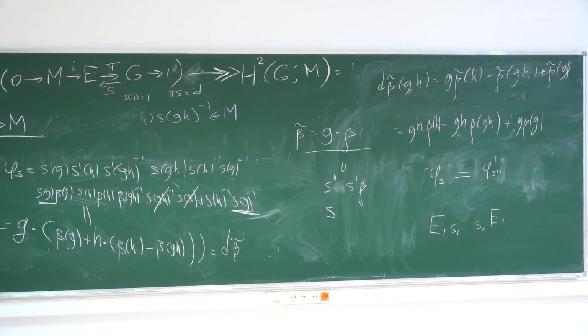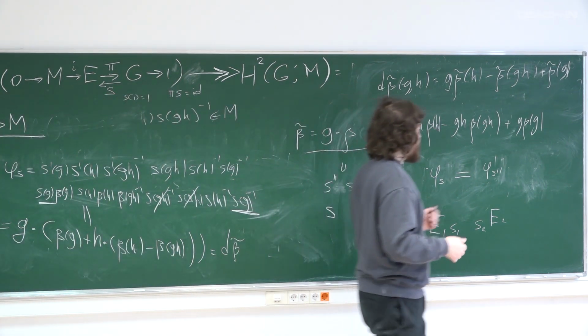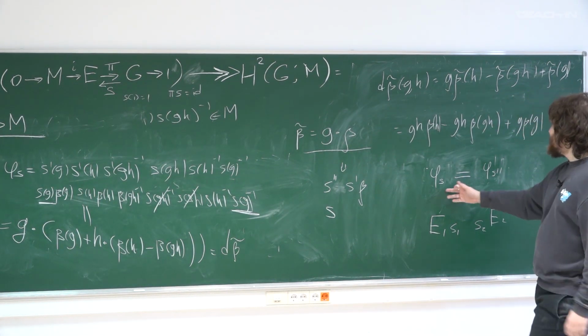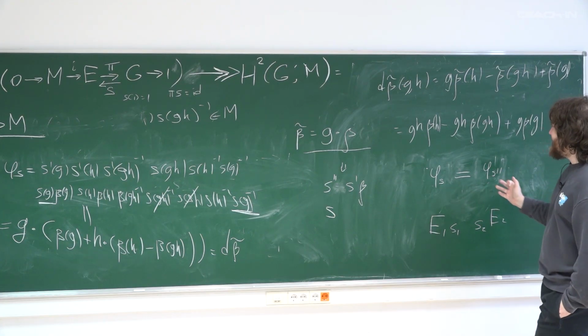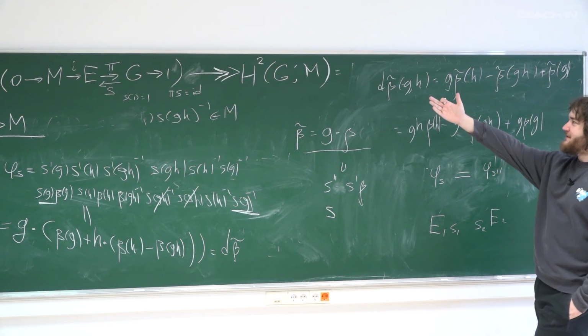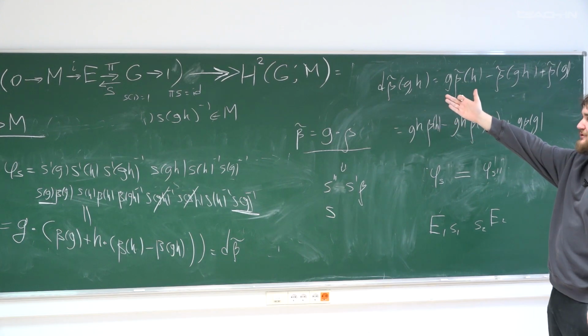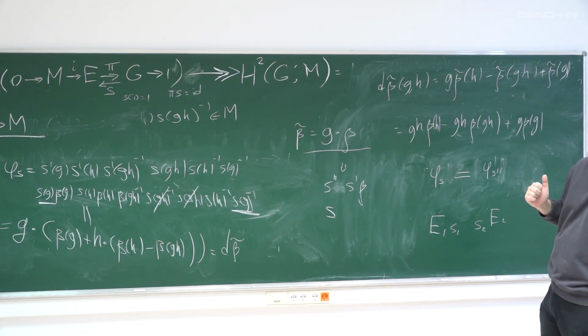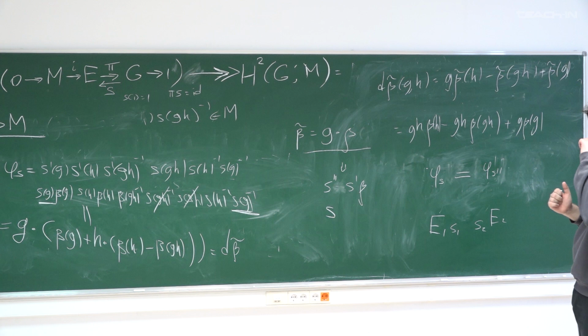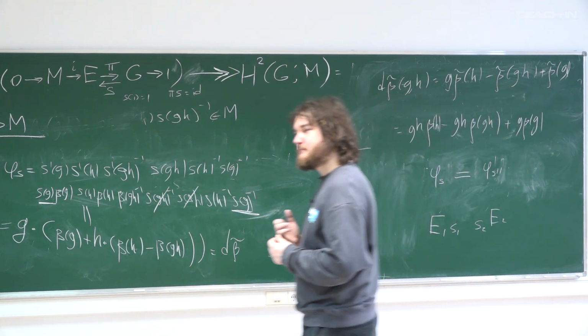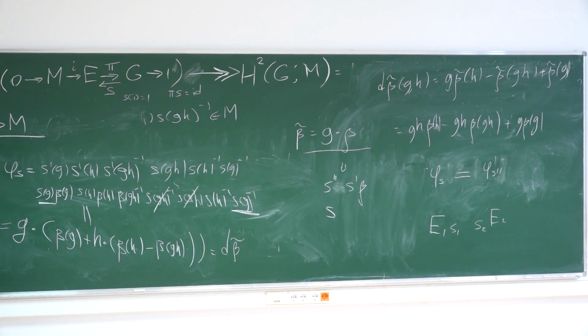I want to check that if I have two extensions, I choose some sections, and obtain two homology classes, and these are the same class in the homology group, then the extensions are isomorphic. But the question is why we can always take the representative of the homology classes phi S.